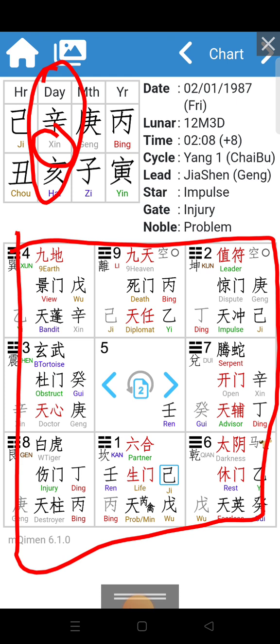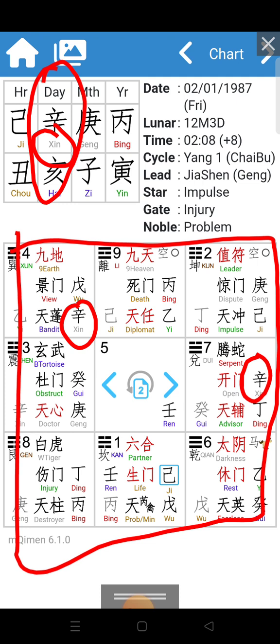Every time it's not always the same. Every chart will have a different symbol. So identify where is the Xin. Xin is in box number 4 and another one in box number 7.